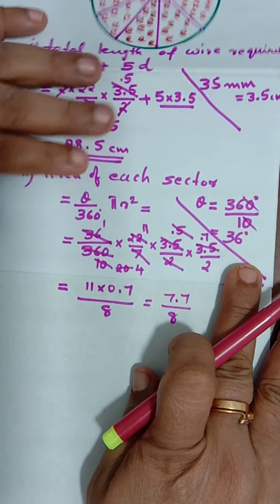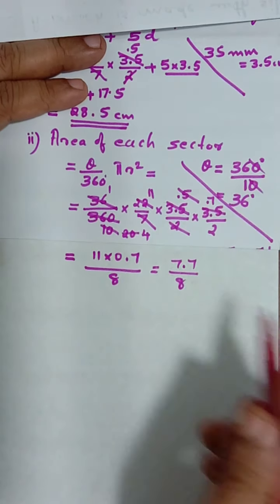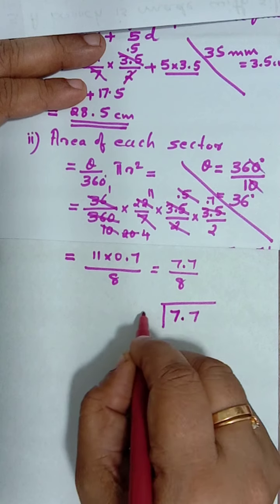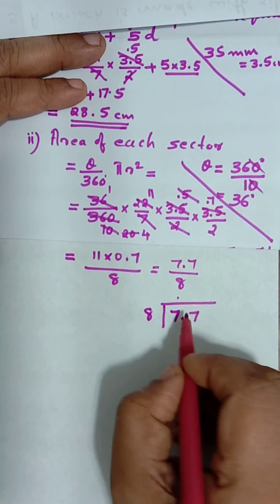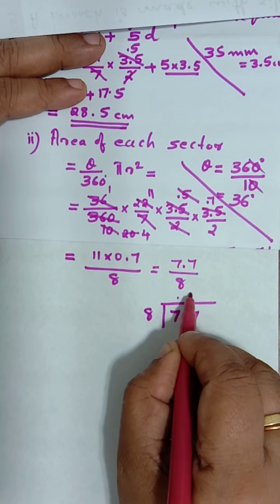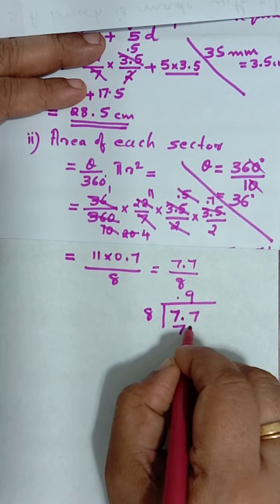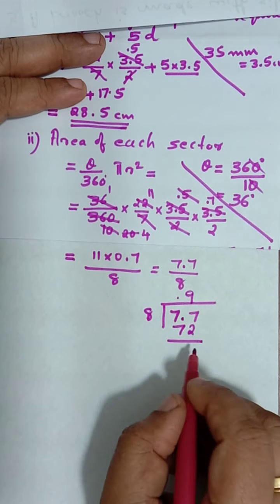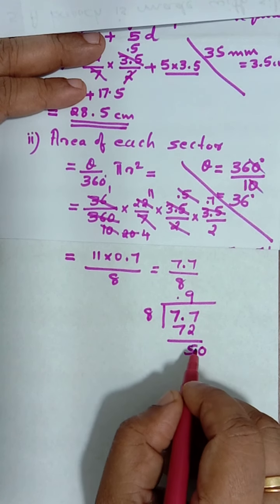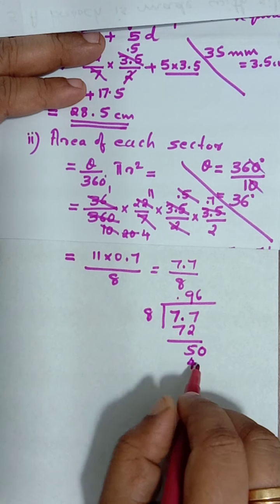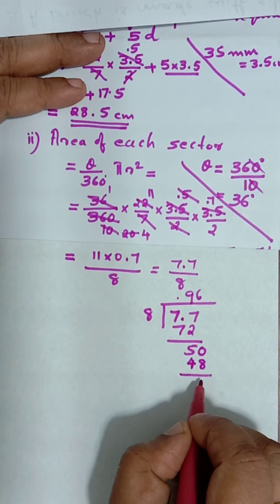When we divide, we'll be getting the value in cm square. Let us see how much it is. 7.7 divided by 8, it won't go. So here we have to consider 77, 9 8s are 72. You do the subtraction. You can put the 0. So the next number we will be getting is 48.